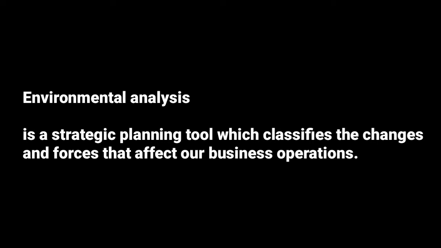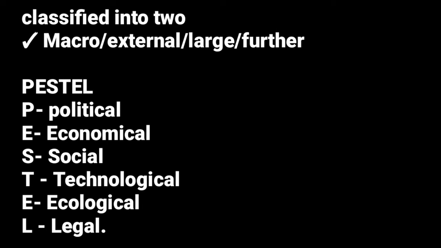So environment analysis is categorized into two. The first category is called the macro, also known as the external, or large, or further. These are things that are outside the organization, things that are indirect, whereby they affect the business indirectly.